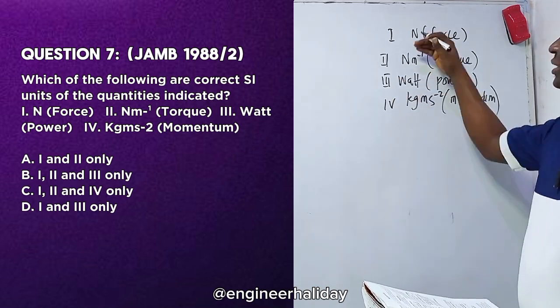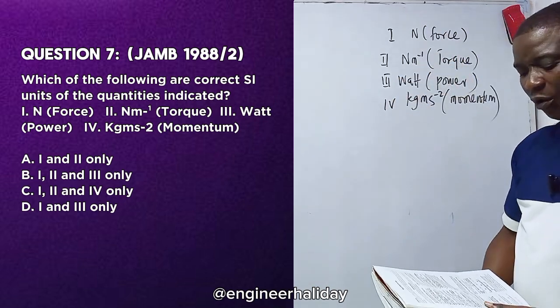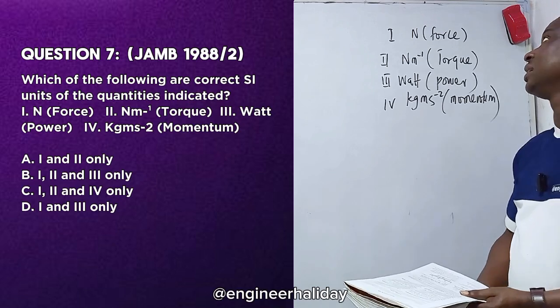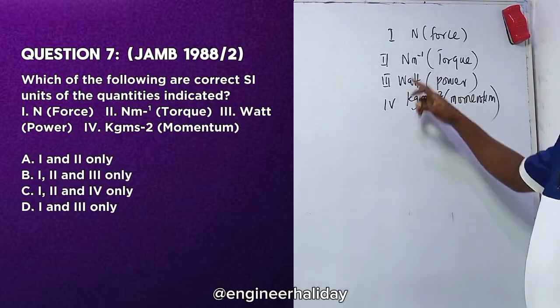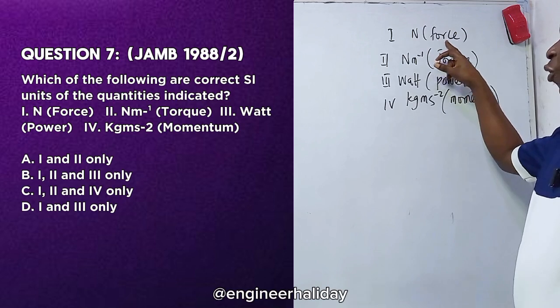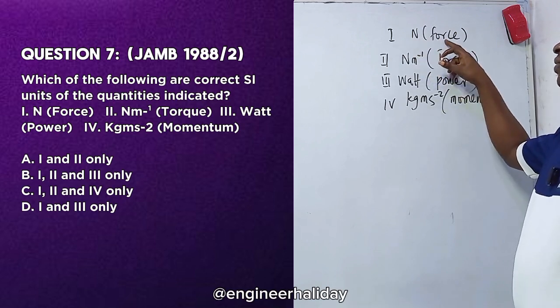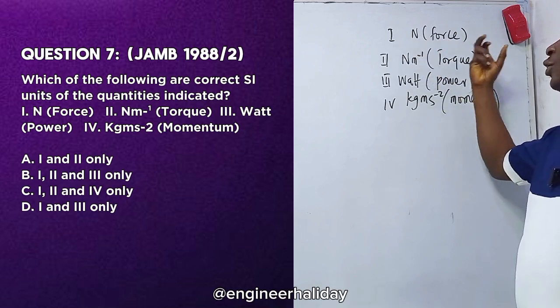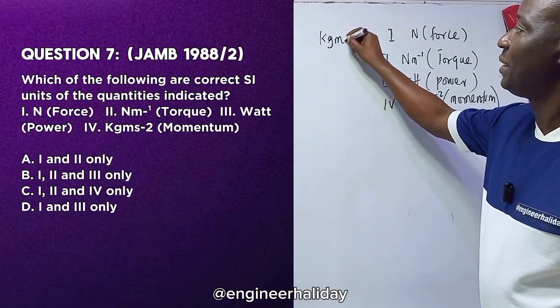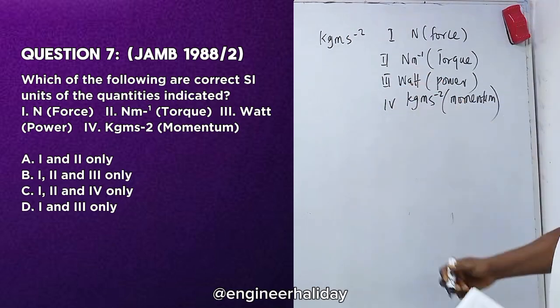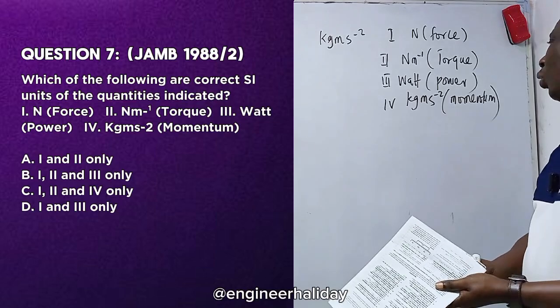Now, what we want to do is look at the unit and the quantity, whether they are the correct unit and quantity for that particular Roman figure. Now, Newton for force, yes, correct. Newton is equal to kg meter per second square. This one says Newton per meter, wrong for torque.